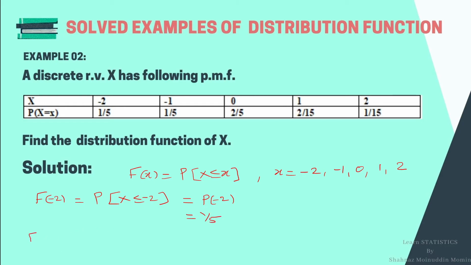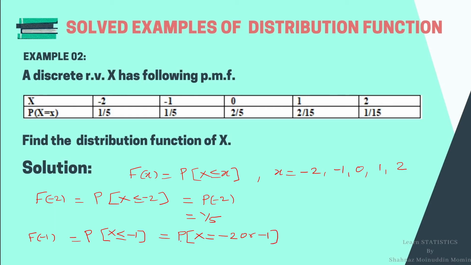The next one is F(-1), which is probability x less than or equal to -1, means x equal to -2 or -1.